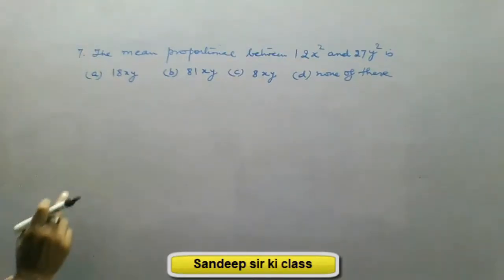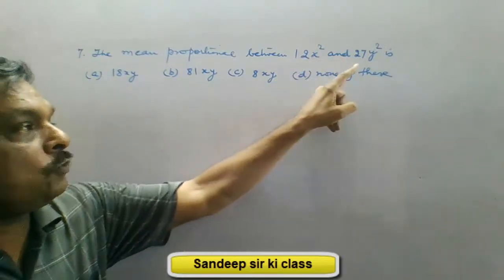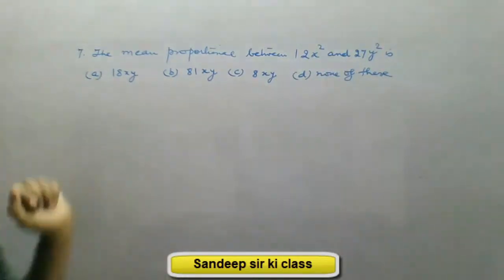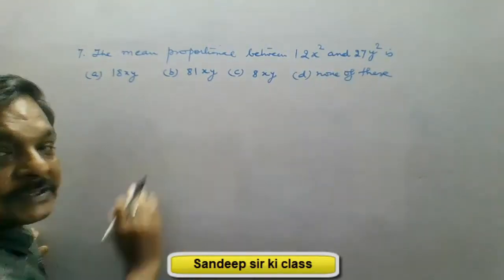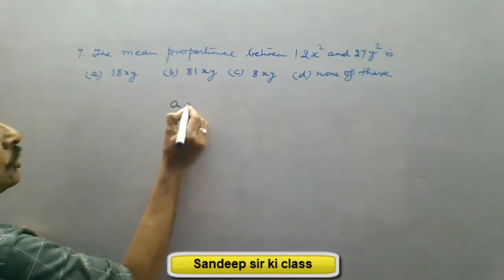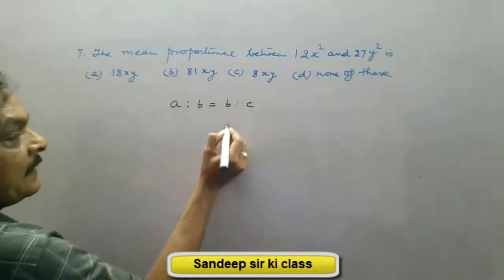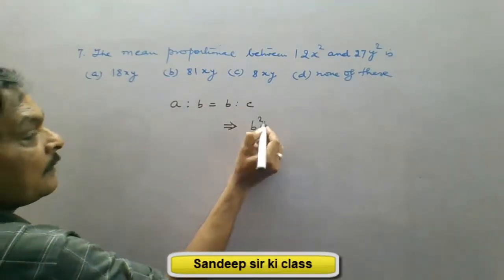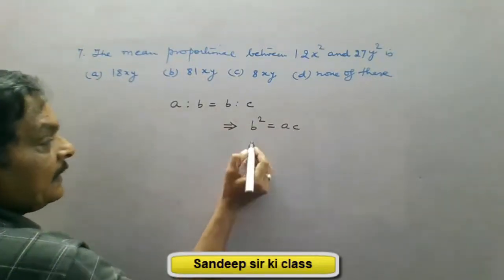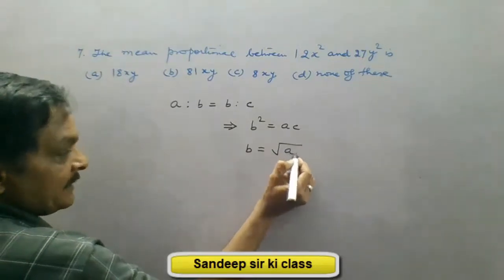Next question is the mean proportional between 12x square and 27y square is, and these are the options given to us. Now we know that if A ratio B is equal to B ratio C, then B square will be equal to AC, and therefore B is equal to under root AC.